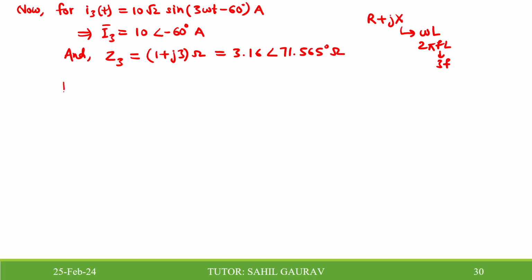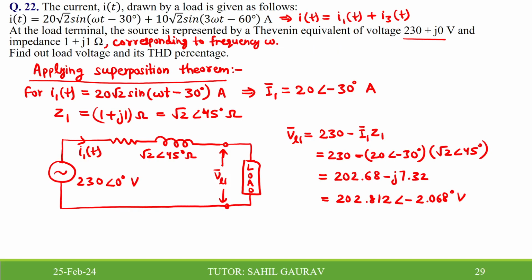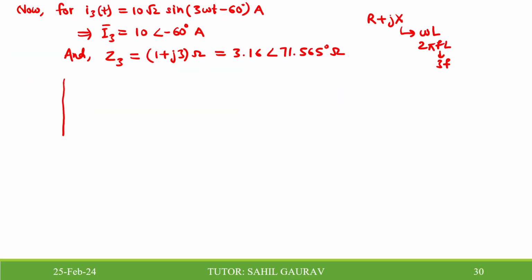Now, if we make this equivalent circuit, then the source will not be there for this third harmonic component of current, because the source voltage 230 plus J0 is with respect to the fundamental one, but it is not with respect to the third harmonic. So only this impedance will be in this third harmonic component of current.